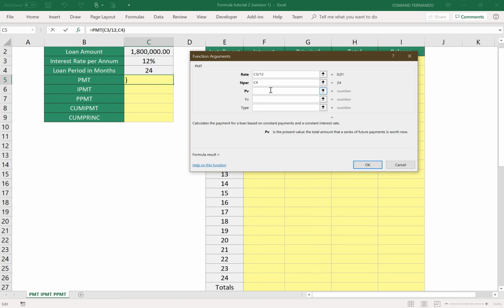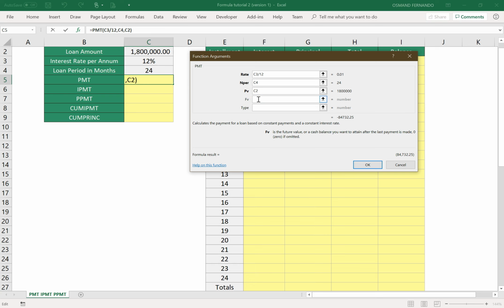And then PV. What is this PV? It is the present value, the total amount that a series of future payments is worth now. That means our principal amount or loan amount, in this case 1.8 million. And then FV, future value.